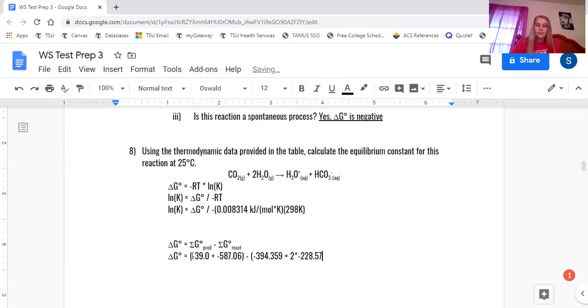So you're going to solve all of that, and you'll come up with your answer of 225.439. Because that's not our final answer, I'll go ahead and keep all of our digits here. 0.439 kilojoules per mole.